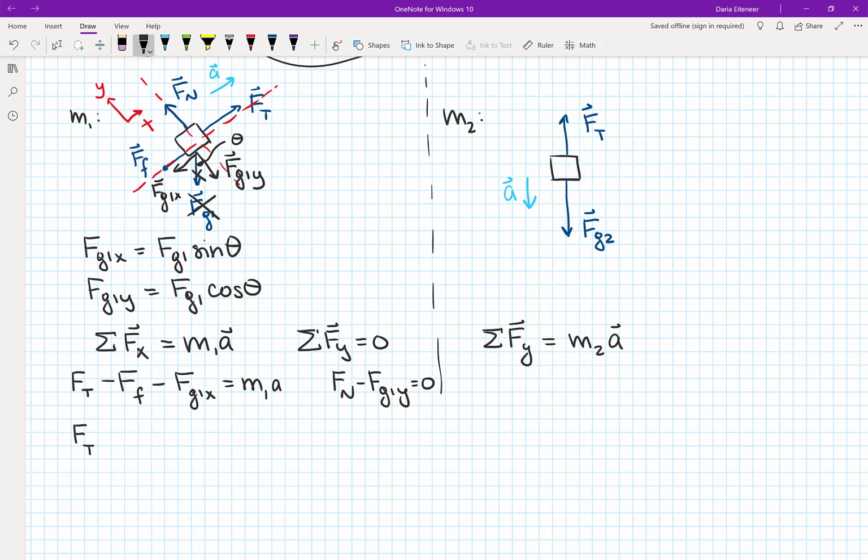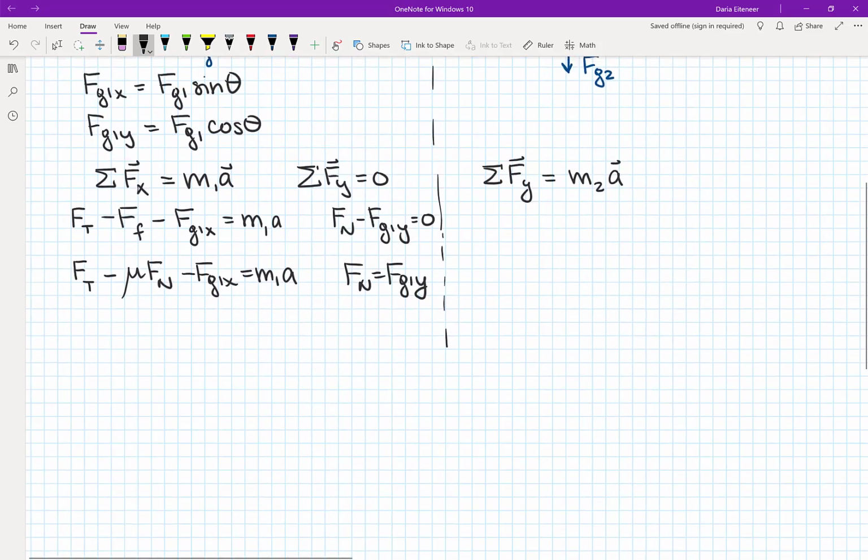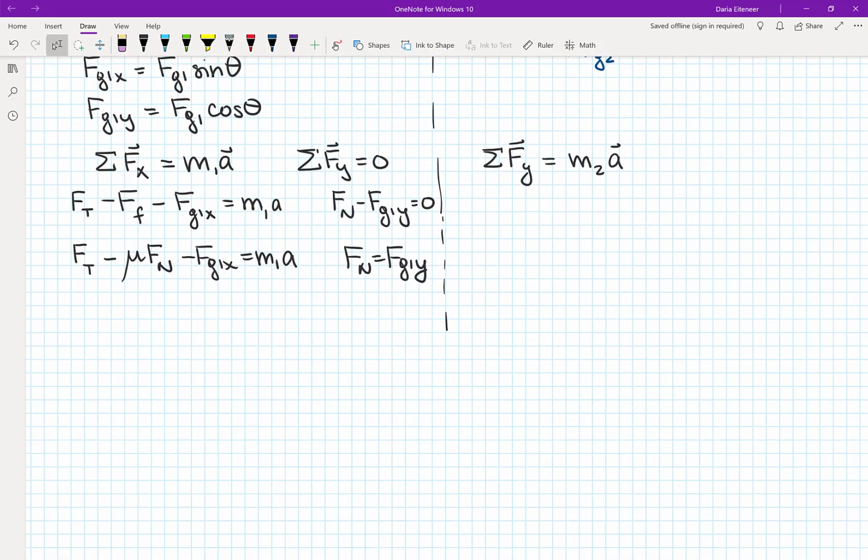So for force of friction, we can substitute mu Fn. That's the x component. And then for the y direction, I can solve for Fn. Instead of just plugging in numbers, let me work this out algebraically, and then let's keep plugging stuff in as much as we can, as in making algebraic substitutions.